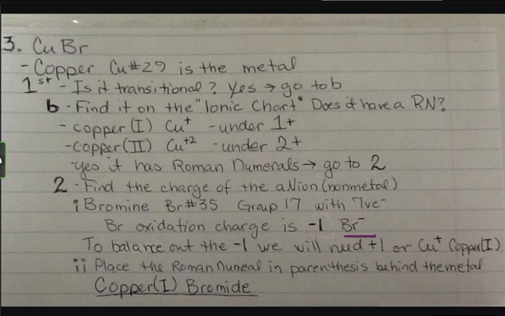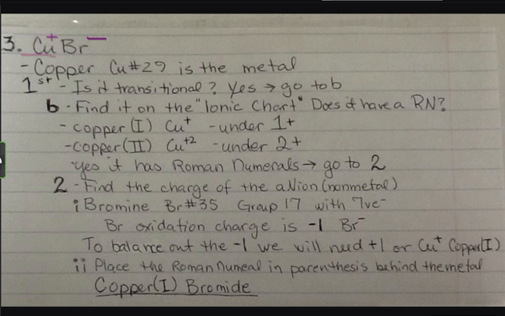Now, we need to balance out our positive charges to our negative charges. Remember, they need to equal 0. So if we have a -1 on bromine here, we will need a +1 for our metal. So that means we're going to have a +1 on our metal. That way we get a balance. +1 and -1 equals 0.